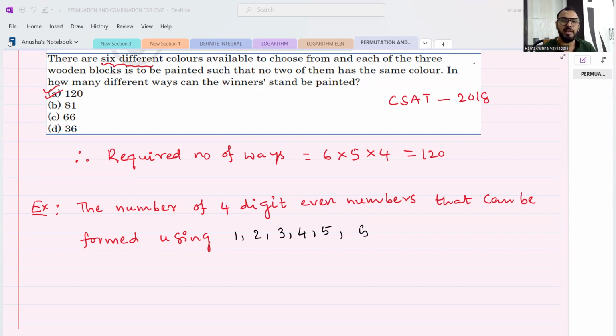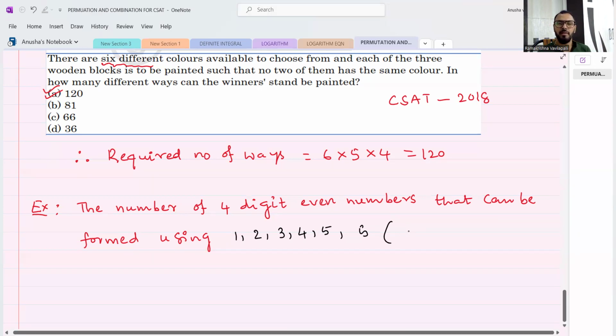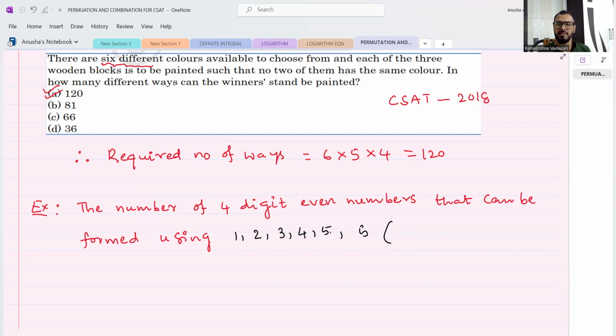Here is the question. The number of 4-digit even numbers that can be formed using 1, 2, 3, 4, and 5, without repeating any digit more than once, is dash.